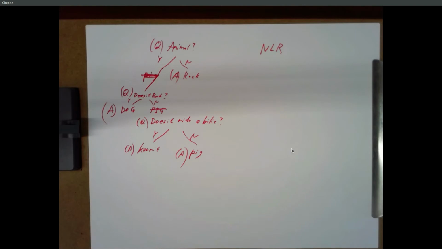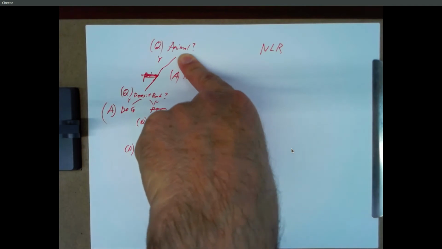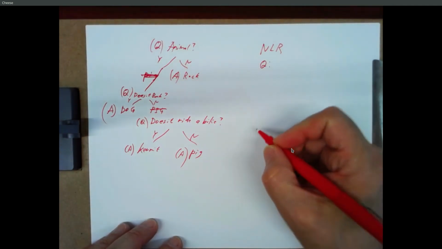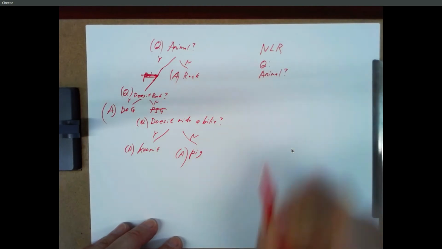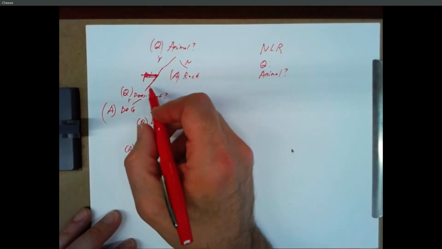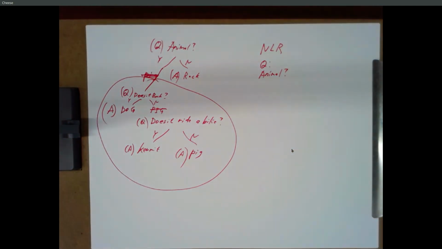So what happens if we traverse this tree in node left right order? We start at the root. First thing we do is we write out the node itself. So it's a question, we're going to write Q colon, go down to a new line, and then write the question, is it an animal? That takes care of the N. Now we have to traverse the left subtree, node left right.